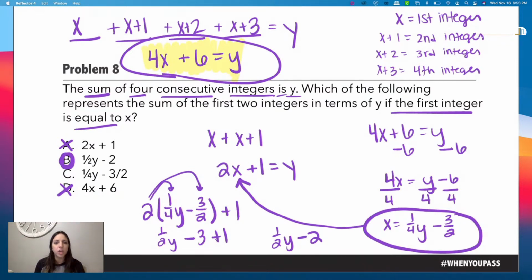So in terms of y means that I need y to be the star of the show. So what I did was I took my first 2 integers, added them together, and got this. Then I took my whole problem and figured out what x would equal so that y could be the star of the show.